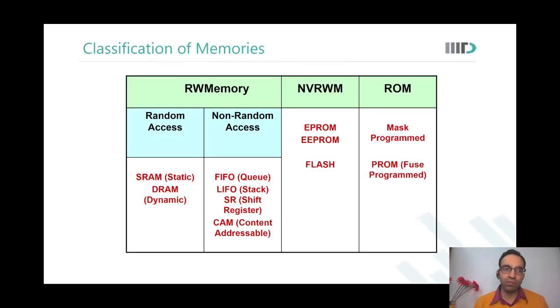Blow away the fuse means you will actually have to throw a laser at a particular place, generate the heat, and burn away the metal from there, so that the connection to VDD or to ground is removed. Both are used for the same purpose, functionality wise. But fuse programming you do inside the fab itself. EEPROM you can do at the customer end.